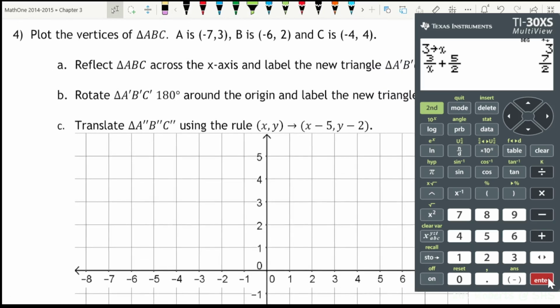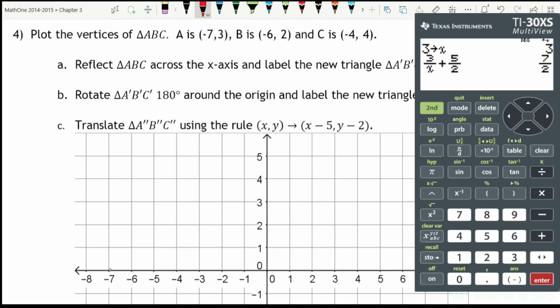For our second page, we're supposed to plot some vertices and then do some transformation. So a challenge is always getting these points plotted correctly. My first point is at -7, 3. So I'll go ahead and grab this pen, and I'm going to plot a point. No, I'll keep the color the same.